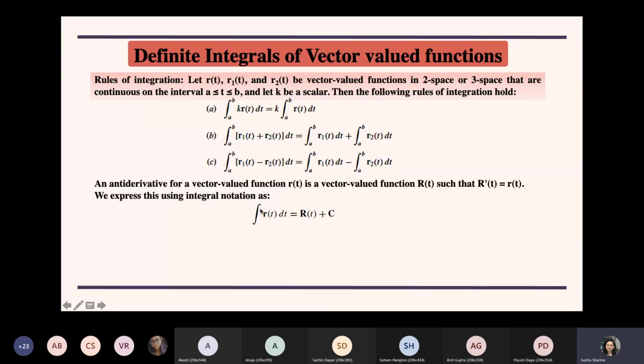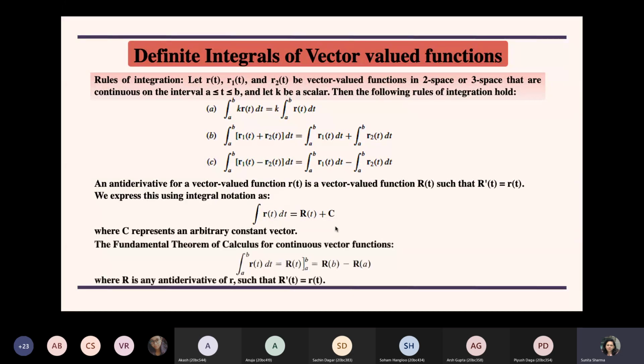The indefinite integral of r(t) is written as capital R(t) plus some constant of integration, c, and we can use the same antiderivative to find the definite integral of r(t) from a to b. That will be the value of this antiderivative function at b minus capital R at a.